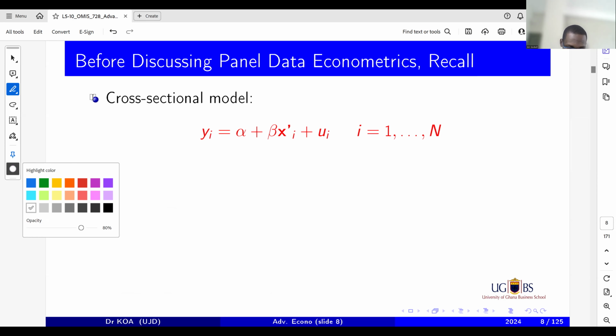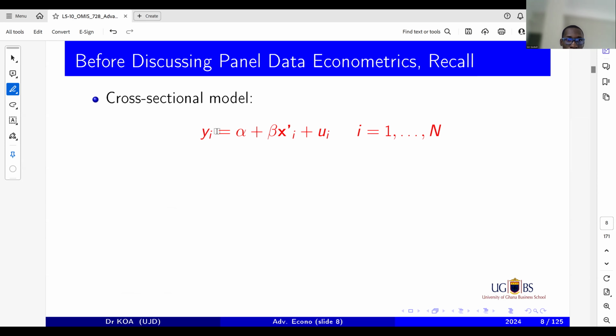It indicates that you have a dependent variable, which is a function of an independent variable, a regressor. You have the error term, and then you have the intercept or the constant. It's something that will be used in all of this.